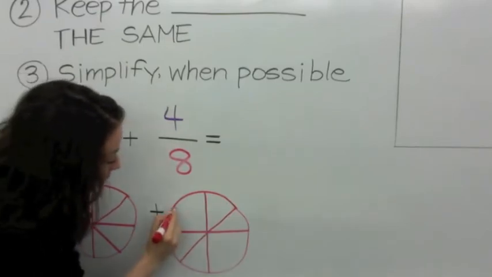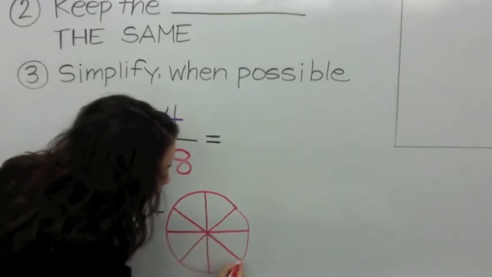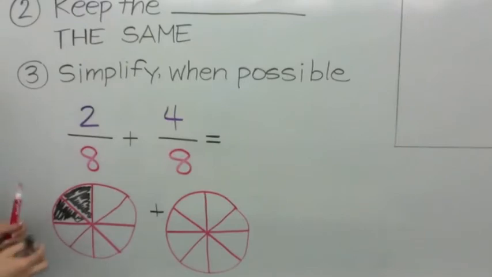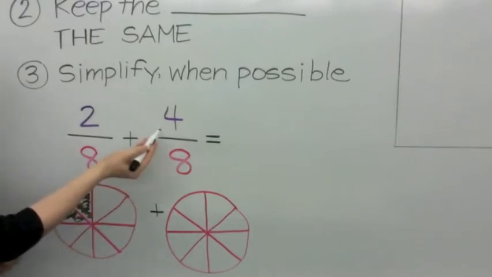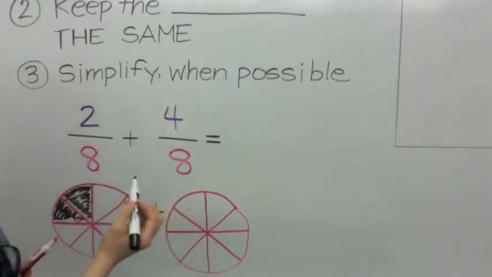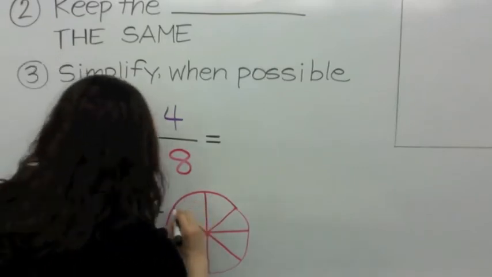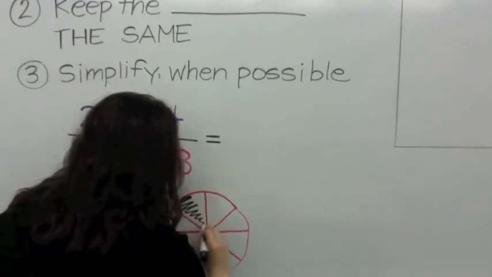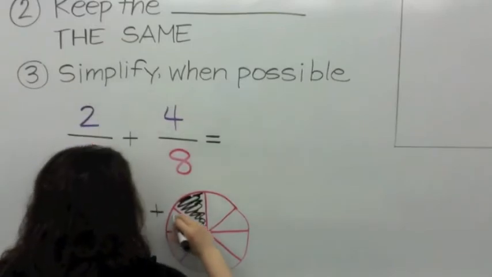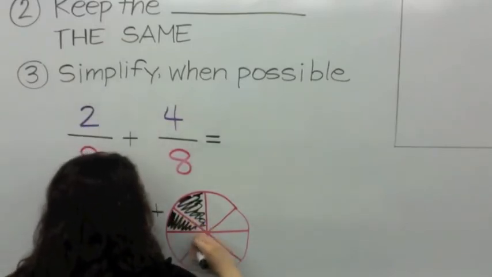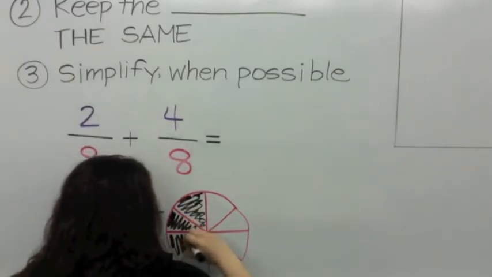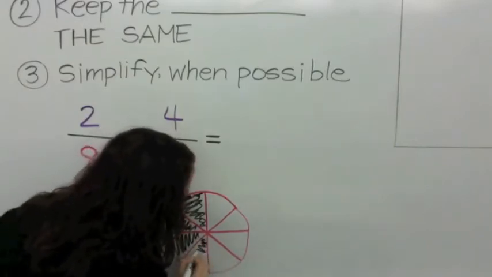And then let's make a diagonal that goes down. Now we have eighths. How many pieces are going to be shaded? You're going to have 4, right? So we're going to shade 1, 2, 3, 4.